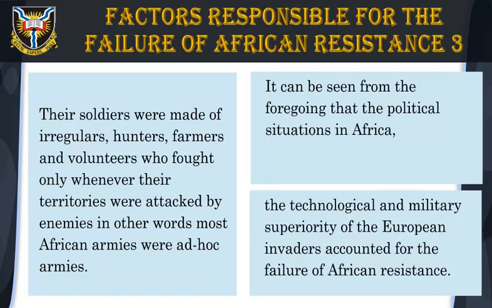Their soldiers were made of irregulars, hunters, farmers, and volunteers who fought only whenever their territories were attacked by enemies. In other words, most African armies were ad hoc armies. It can be seen from the foregoing that the political situations in Africa, and the technological and military superiority of the European invaders accounted for the failure of African resistance.